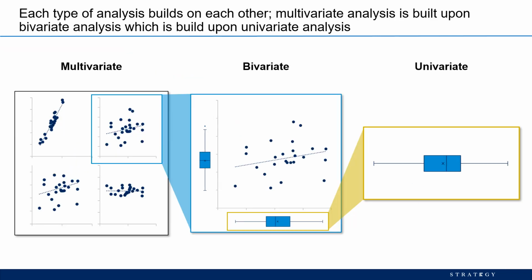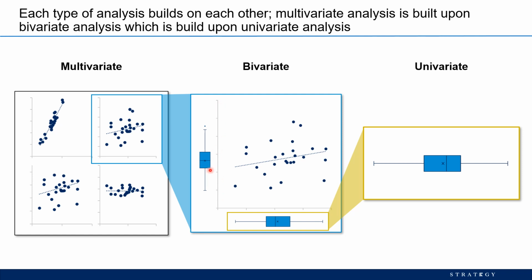And finally, it's important to know that all the different analyses build upon each other. Multivariate analysis is made up of bivariate analysis, which is simply made up of univariate analysis. In univariate analysis, I am looking at the spread of this single variable. In bivariate analysis, I'm looking at the spread of that variable compared to the spread of this variable.